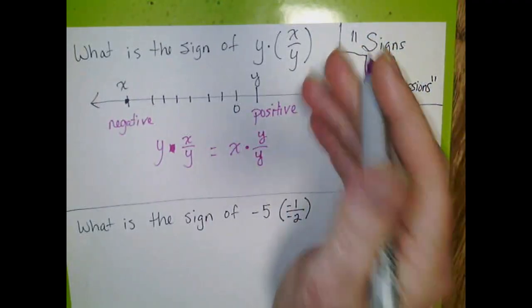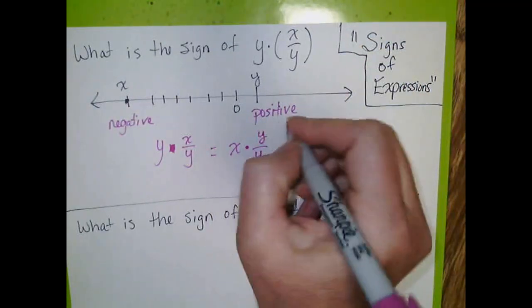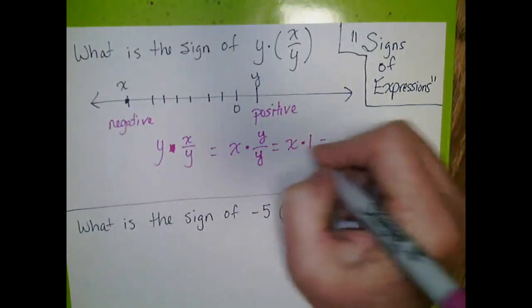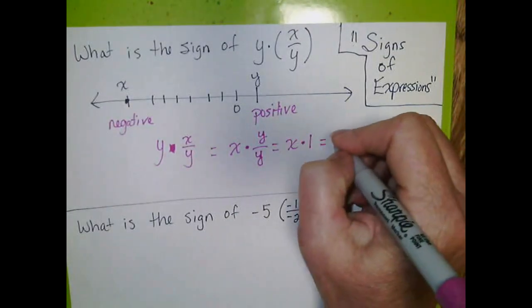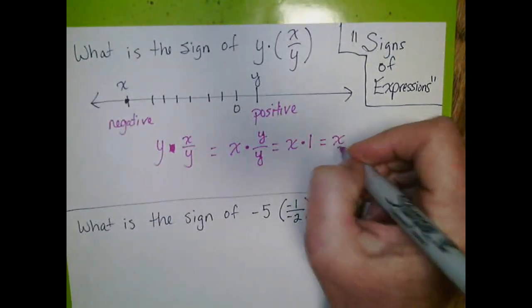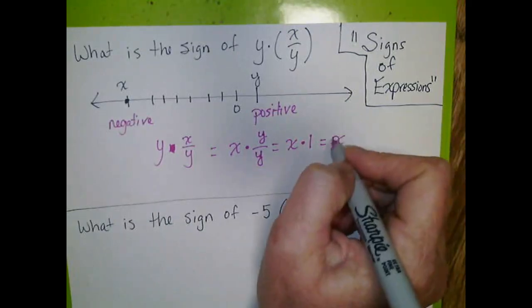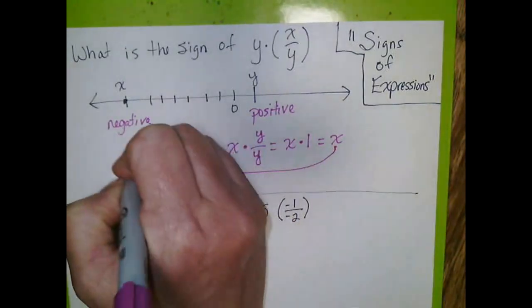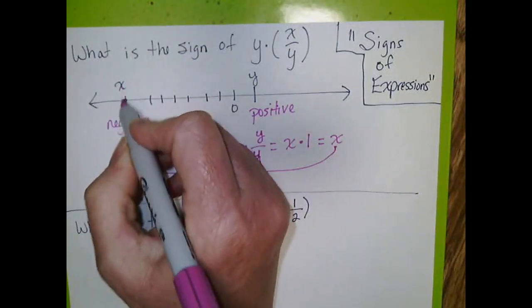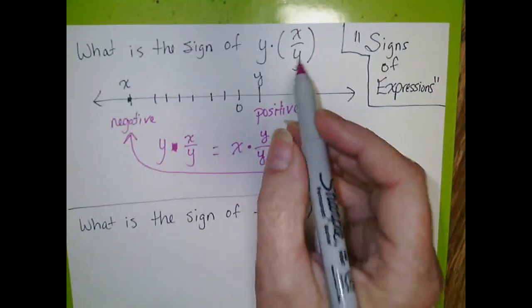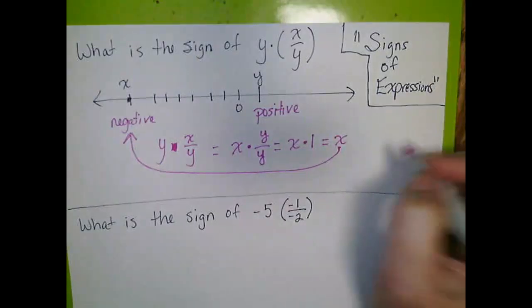If you divide by the same number, you get 1. So this is x times 1. And you know that 1x, or x times 1, is x. And in this case, the x is negative. And I'm going to arrow back up to that. X located on the number line is in a negative position. So the sign of this would be negative.